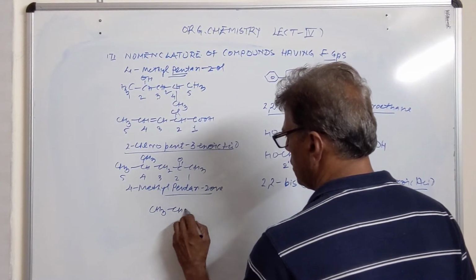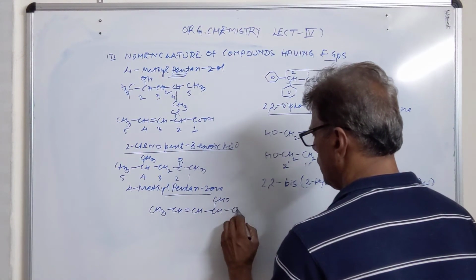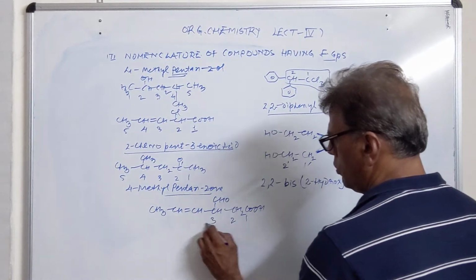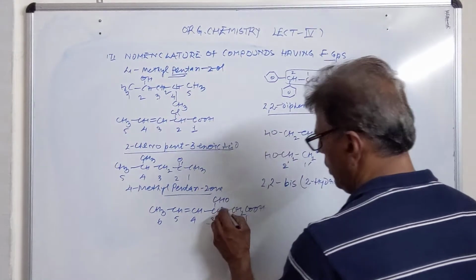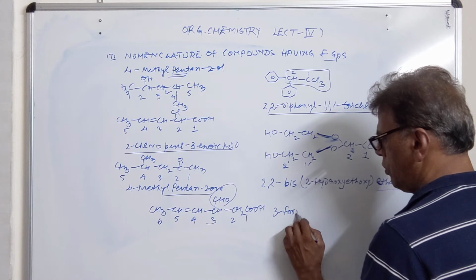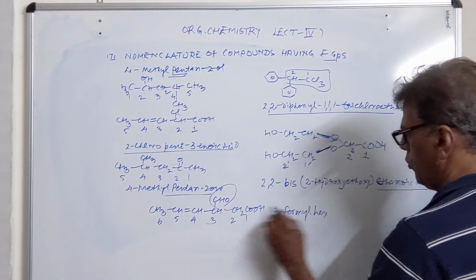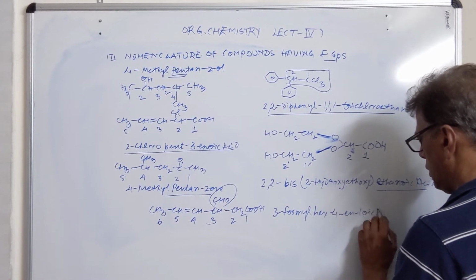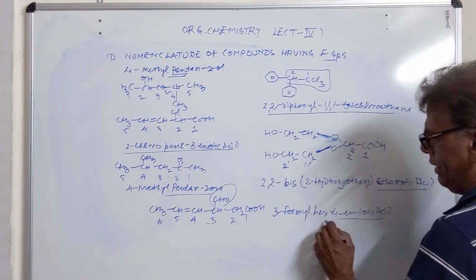Then we have this system. Numbering of the continuous longest chain is done. It is a 6 carbon system. Carbon number 3 is having a formyl group, so this will be 3-formyl, then hex-4-enoic acid, or you can omit the one, enoic acid.